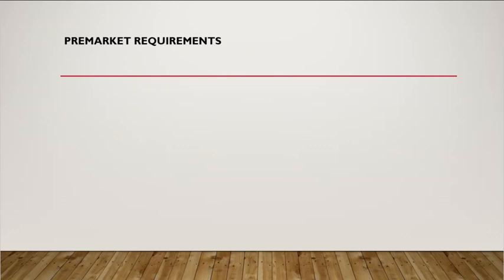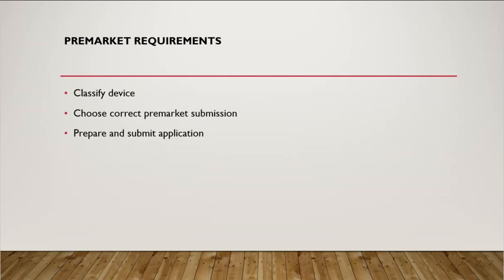Pre-marketing. What do we do before we market? Well, it's got to be classified. We've got to choose the correct pre-market submission, because there's several ways to submit a pre-market item. We've got to prepare and submit the application, and for goodness sakes, interact with FDA staff during the review.